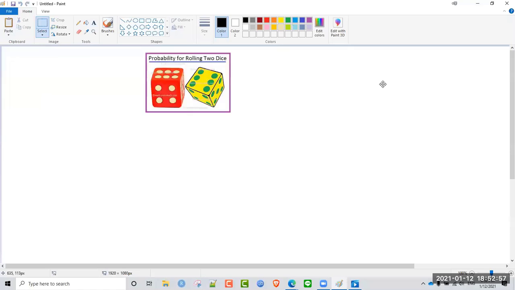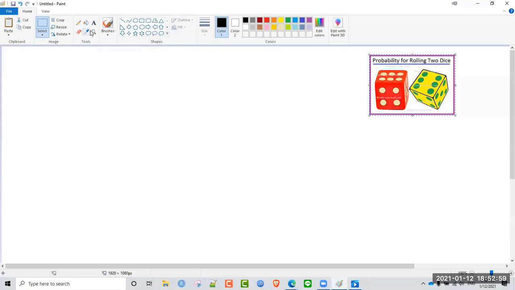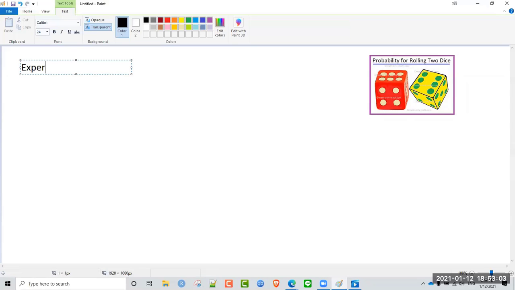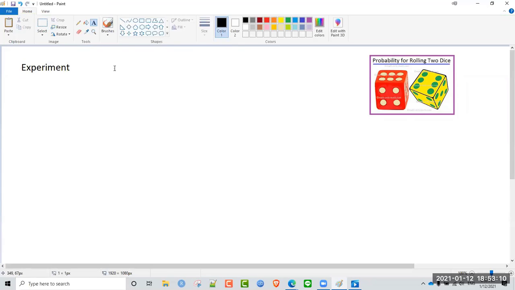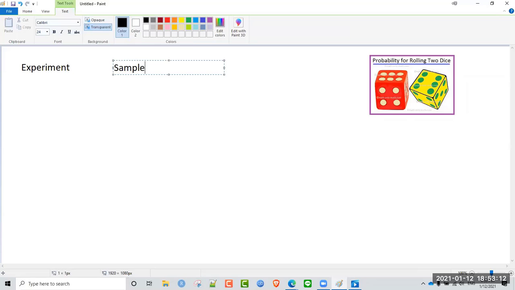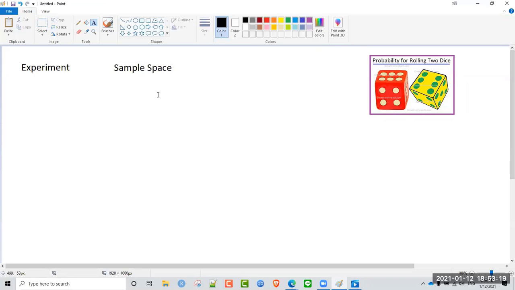So we're going to roll 2 dice. So the experiment, and then we're going to talk about the sample space. And maybe we'll talk about events also.